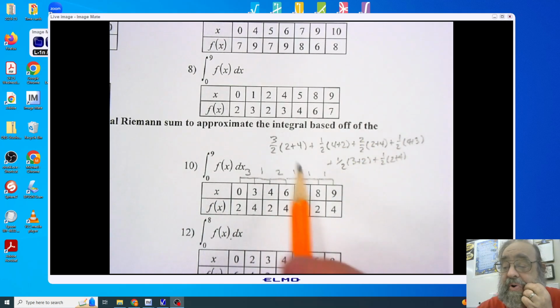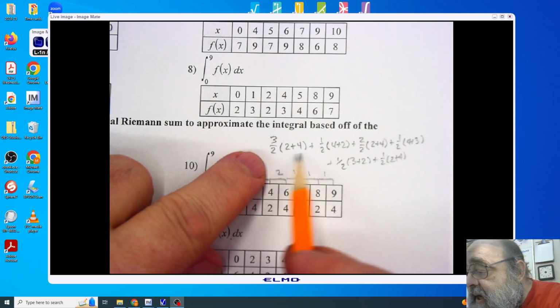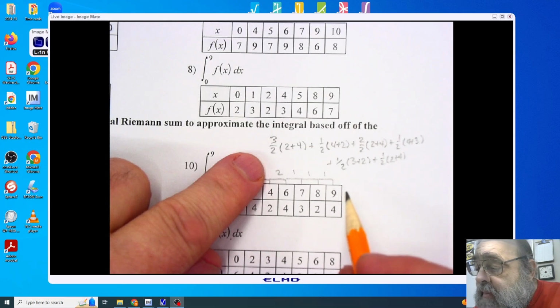Now, because I have moved my fraction out, I can easily add and then divide by 2 and multiply.